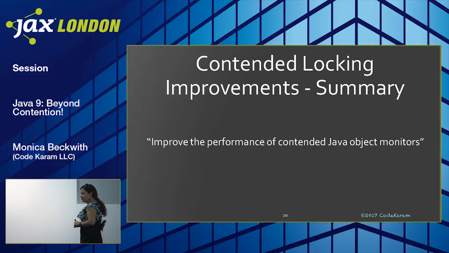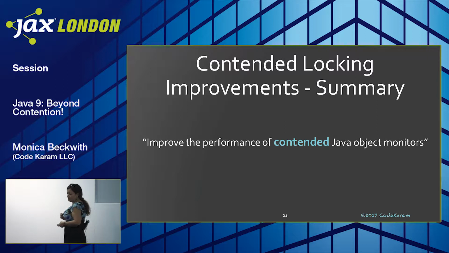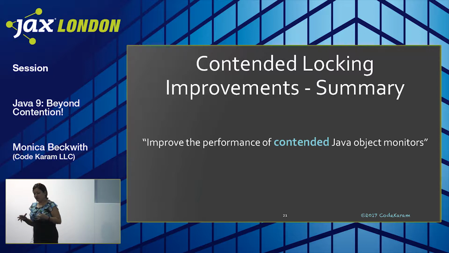I went to the JDK enhancement proposal page, and the summary was: improve the performance of contended Java object monitors. Contended being the key here, so we're looking for contention. That's our problem statement. We're looking to have something that has a lot of contention, and we want to see if it has improved in Java 9.